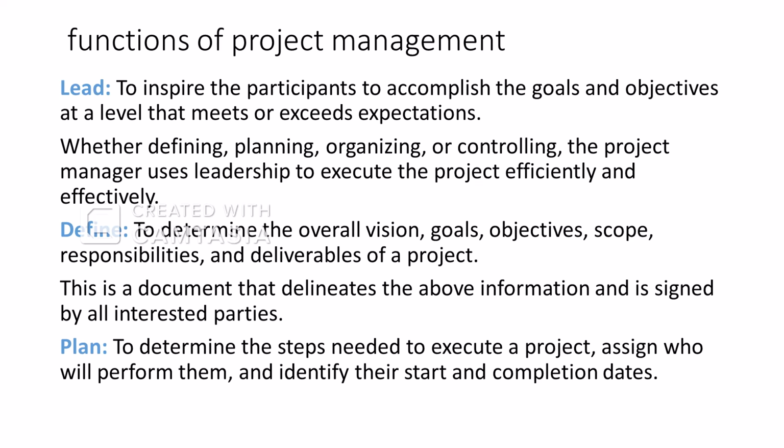The second one is define. In project management, we should determine the overall vision, goals, objectives, scope, responsibility, and deliverables of a project. This is a document that delineates the above information and is signed by all interested parties: clients, contractors, and stakeholders.